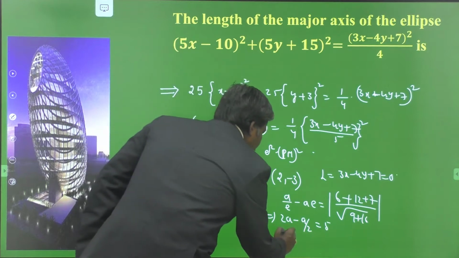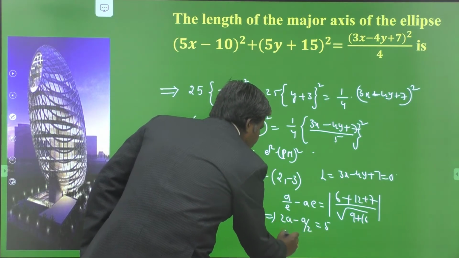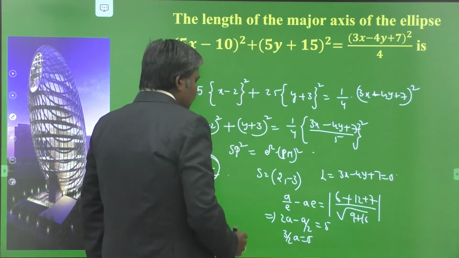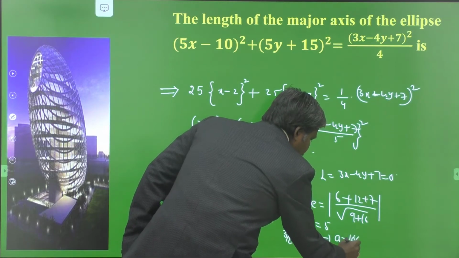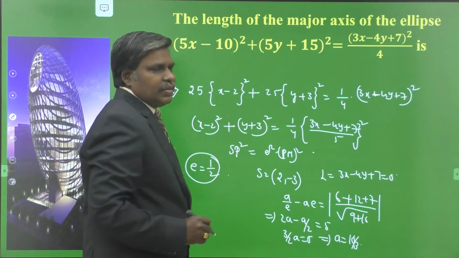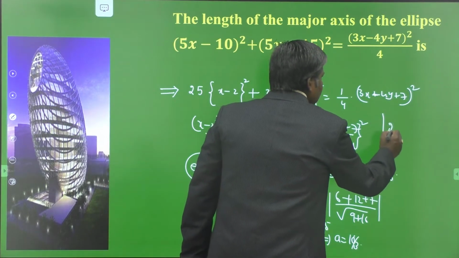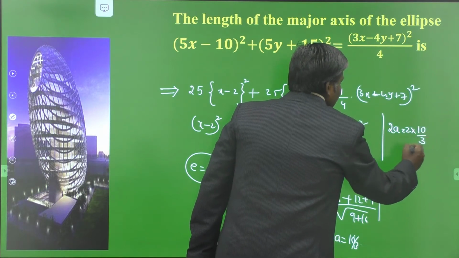Therefore, 3 by 2 a, that is (4 minus 1) by 2 times a, is equal to 5, implies a is equal to 10 by 3. This is the length of the semi-major axis. We need 2a, therefore 2a is equal to what, my dears? 2 times of 10 by 3, that is 20 by 3.